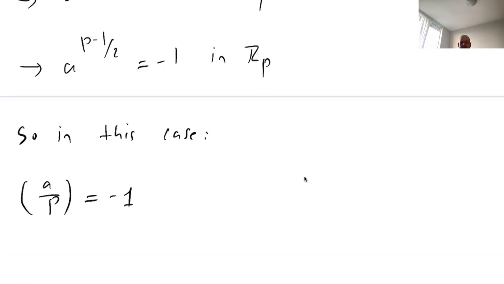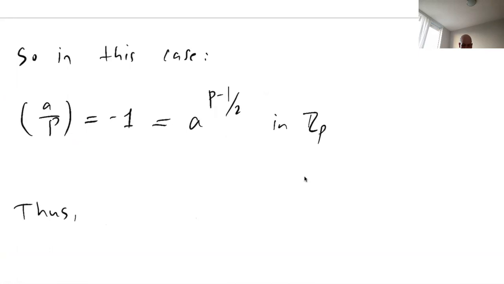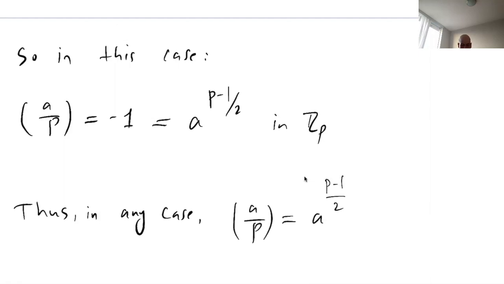So if a is a quadratic non-residue, (a over p) equals minus 1, which, as we saw, is the same as a to power (p minus 1) over 2. That means in any case, (a over p) equals a to power (p minus 1) over 2. We saw that if a is a quadratic residue, both of these numbers are 1, and if a is a quadratic non-residue, both of these numbers are minus 1.